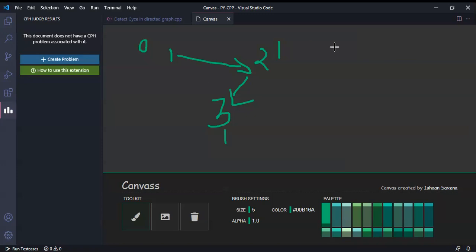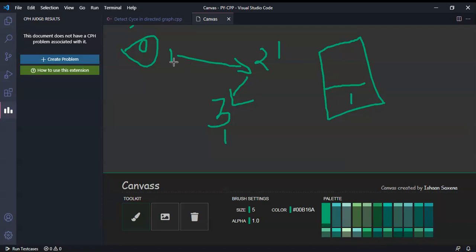Now we will traverse the array, and as we have stored the in degree of all these vertices, we will store the vertices whose in degrees are 0 in a queue. Here the in degree of 1 is 0, so we will put 1 in a queue. Now we will apply the BFS algorithm here.